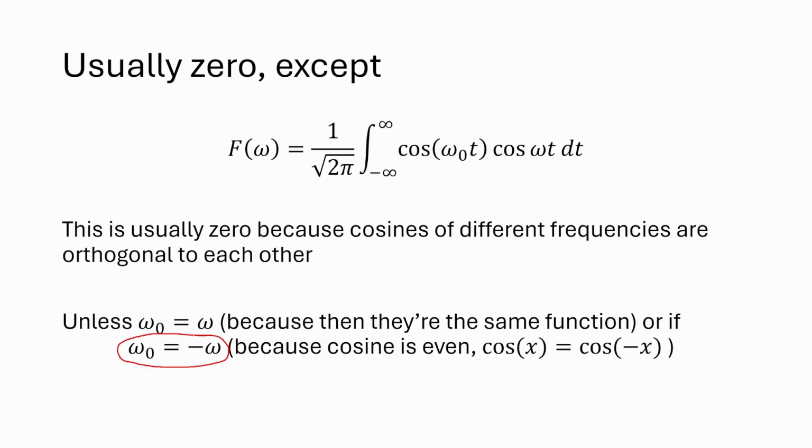So what you have to realize is that cosine is an even function, and that means that cosine of omega t and cosine of negative omega t are the same function. So there are actually two different values that make these cosine terms not cancel out. Those are the two listed right here: if the functions are equal, or if they are equal but with the opposite polarity, positive, negative.